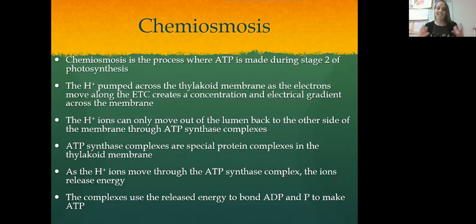And that released energy is what we use to bind a phosphate to an ADP in order to make ATP. So we use that released electrochemical energy to create the high energy ATP molecule.